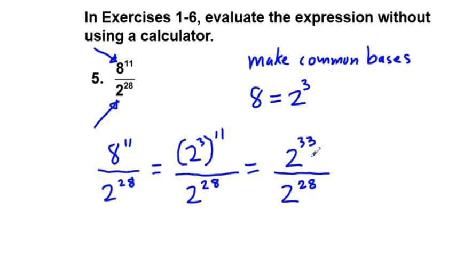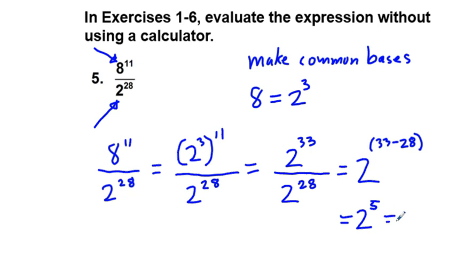And then the rule of dividing exponents here is 2 to the power of 33 over 2 to the power of 28 is going to be 2 to the power of 33 minus 28. So we subtract as we divide. So 33 minus 28 is going to be 5, so we're going to have 2 to the 5th.